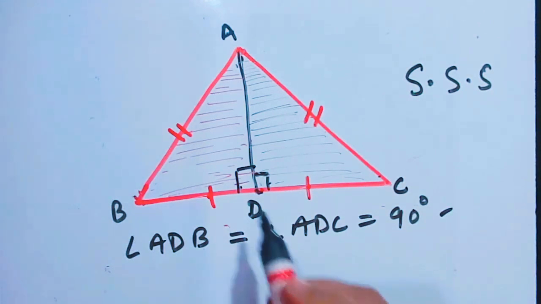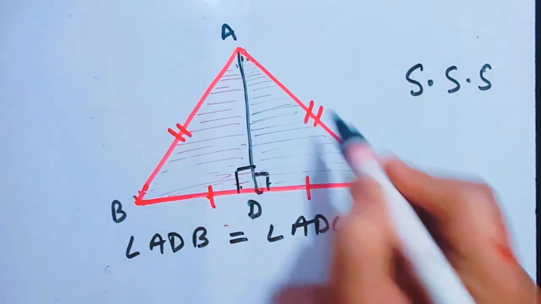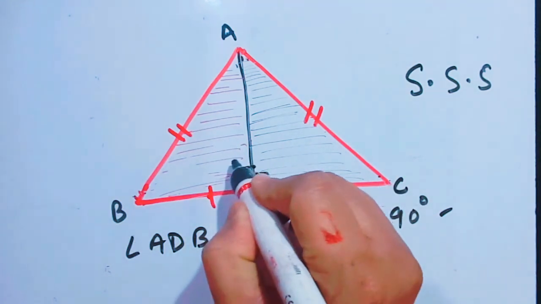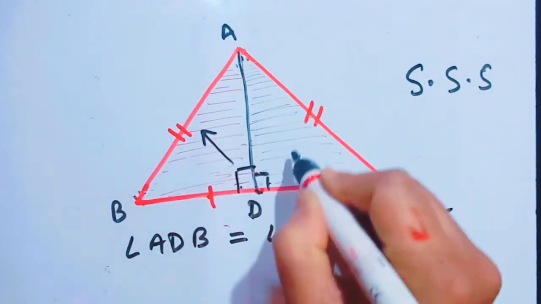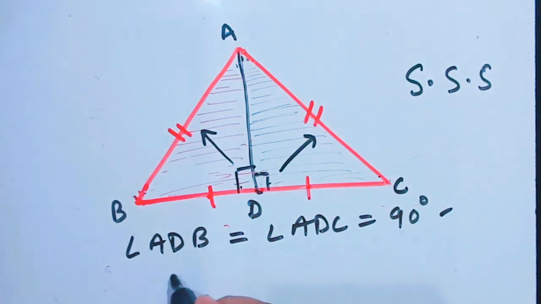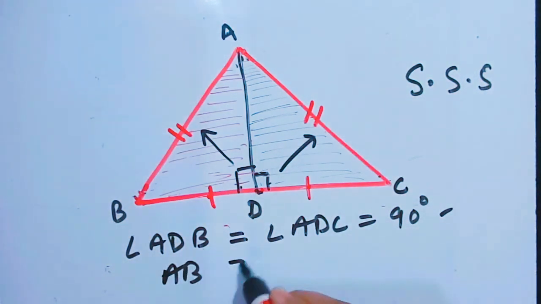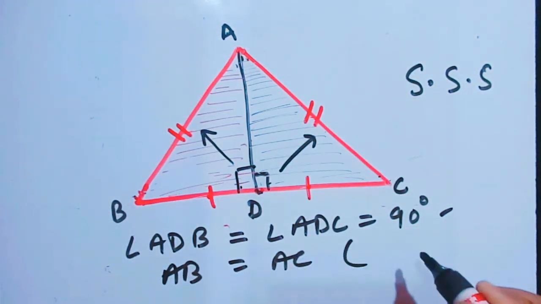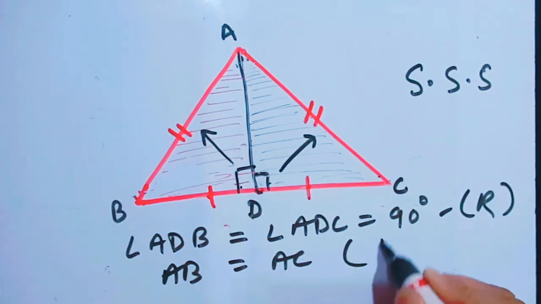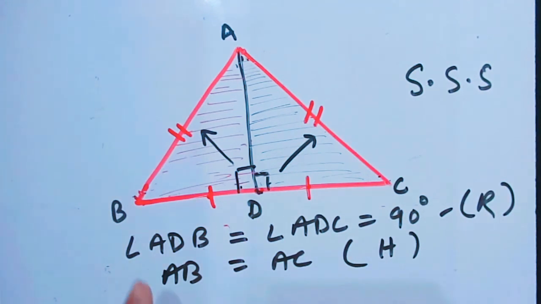Fine. AB is equal to AC. So this is your hypotenuse, means AB is equal to AC, which is your hypotenuse. Very good. And they will take one of the sides as BD, so BD will be equal to DC, which is one of the sides.